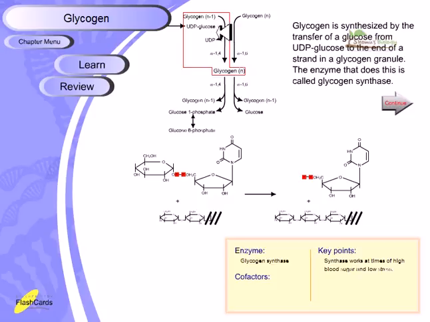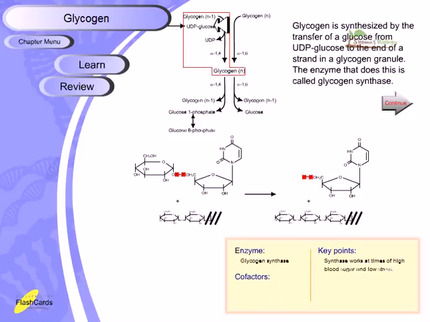Glucose is attached to the glycogen and incorporated with an alpha 1,4-glycosidic linkage. As a result, it will produce glycogen. With the help of the protein glycogenin, it will make this granular structure. It will help it to be stored in the cytosol of a cell, and the enzyme required for the synthesis of glycogen is called glycogen synthase.